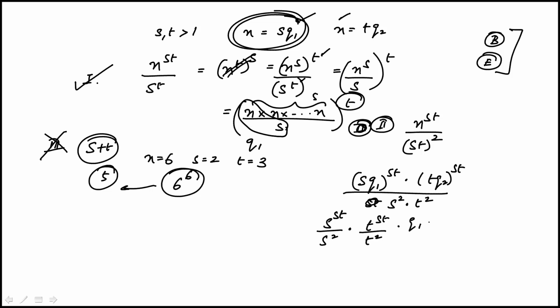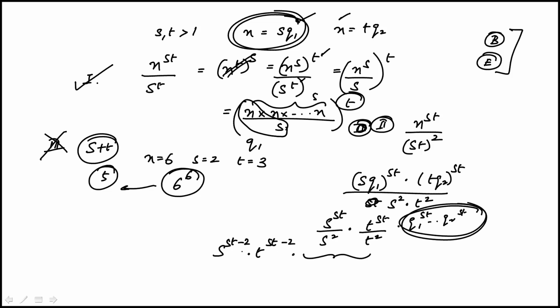And then we have this q1 and q2 to the powers. We can ignore those because these are integers. This is what we need to show, that this is an integer. So we can subtract the 2, and then the rest is an integer, this piece here.